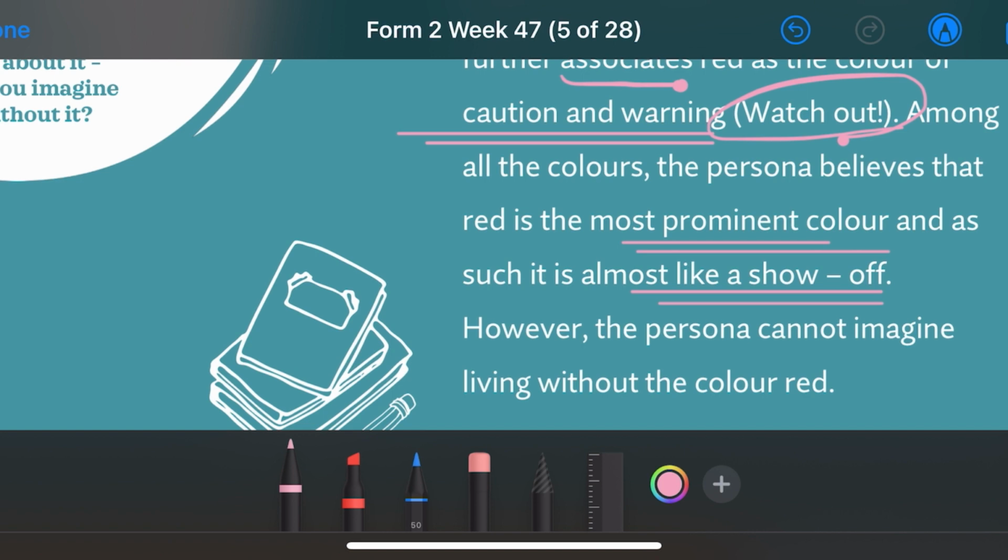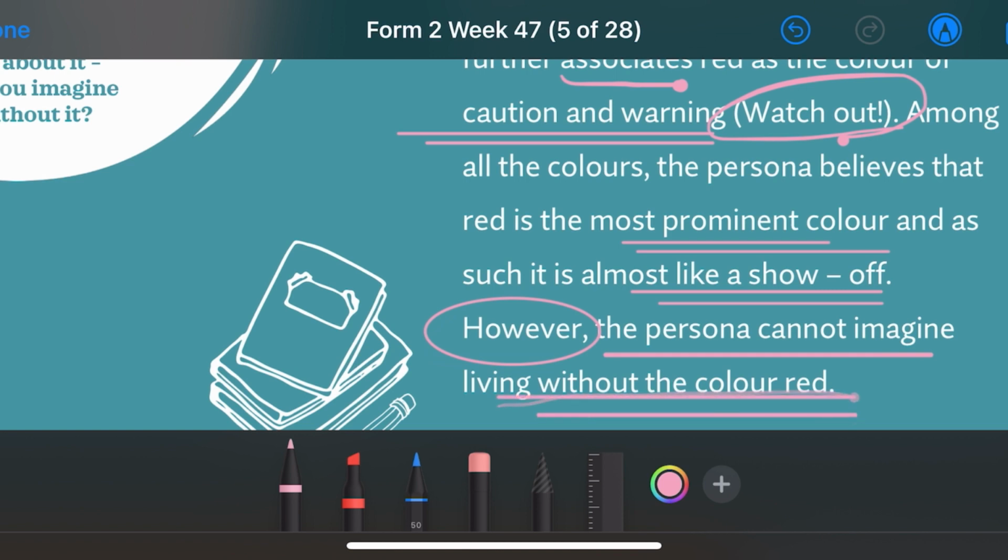Sebab dia sangat penting kan, mainkan peranan yang sangat penting. Tapi at the last two lines, the persona cannot imagine living without the colour red. Nak tunjukkan, despite dekat sini dia cakap, yelah penting lah, tapi tak payah nak belagak dekat sini kan. Tapi dekat dua line yang terakhir, dia juga tuliskan betapa memang awak penting.